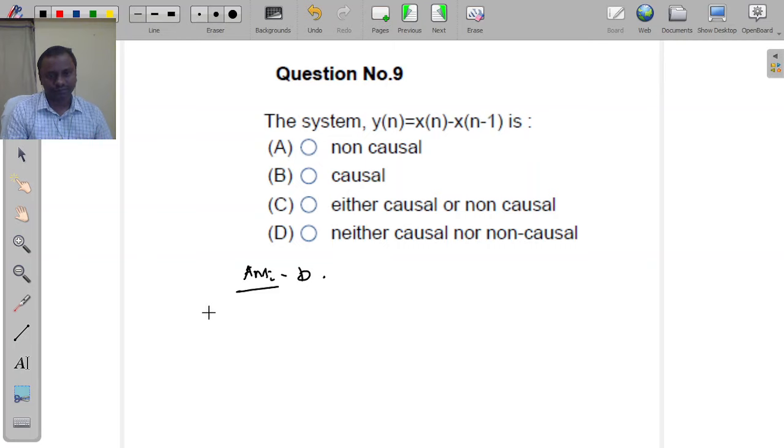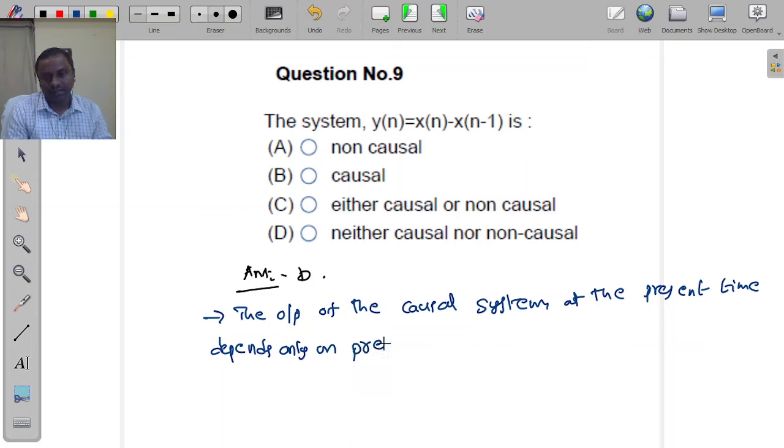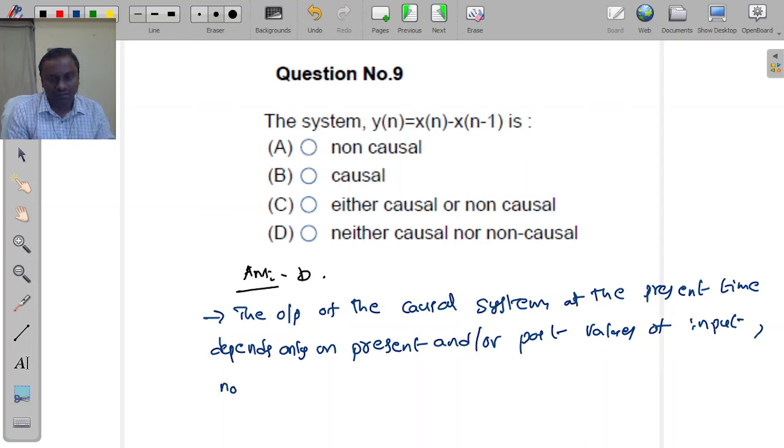In the sense, the output of the causal system at the present time depends only on present and/or past values of input, but not on future values.